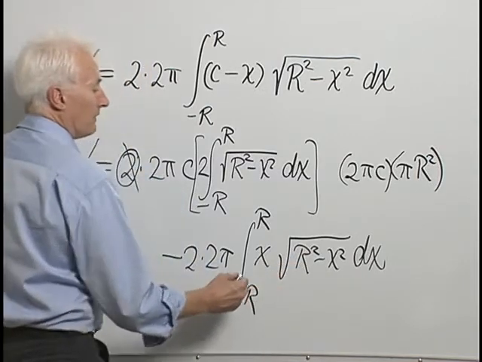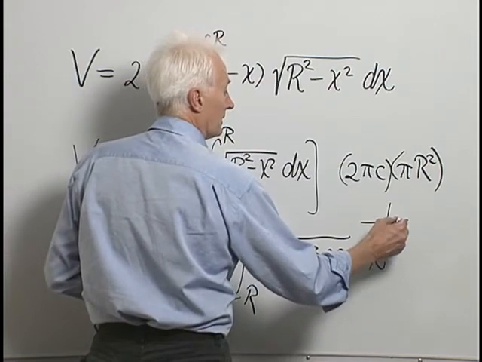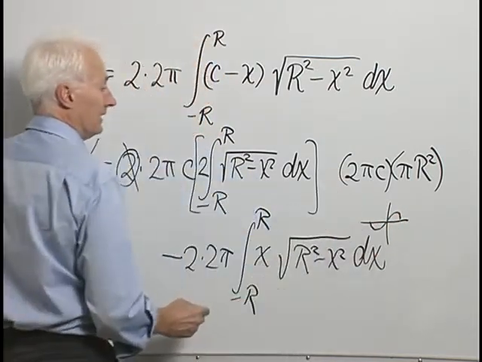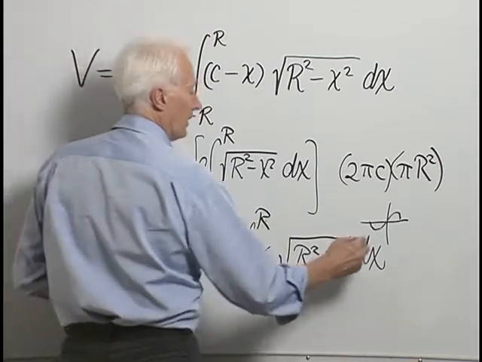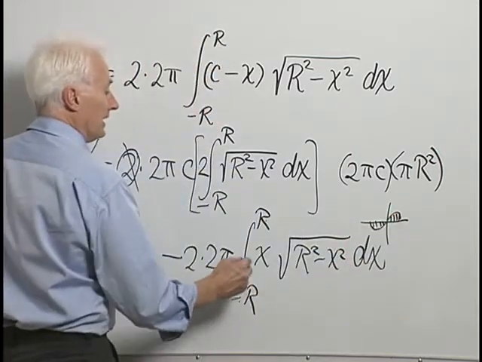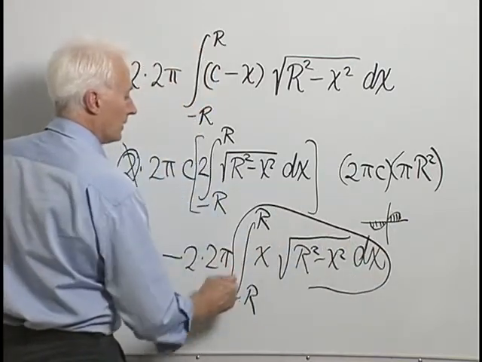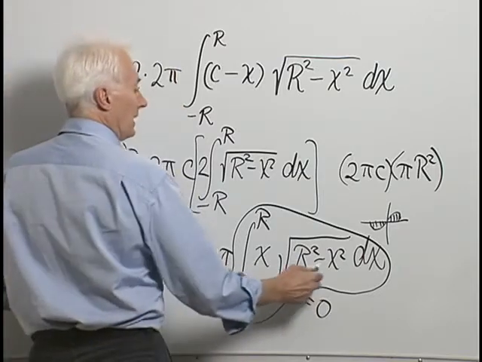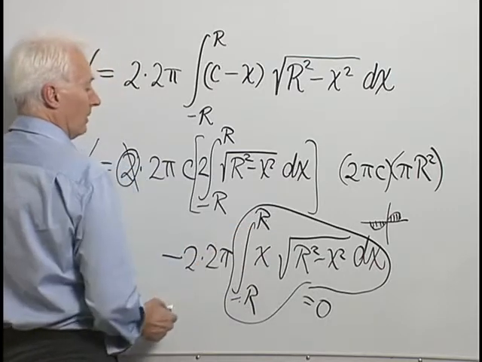So in effect, whatever this looks like, we know that to the right of the axis is just the same as to the left, except upside down. It looks something like that. Consequently, when I integrate it from −R to R, this part of the integral will cancel that, and this quantity has to be completely 0. In other words, that entire integral is equal to 0 just because we're integrating an odd function from limits −R to R.